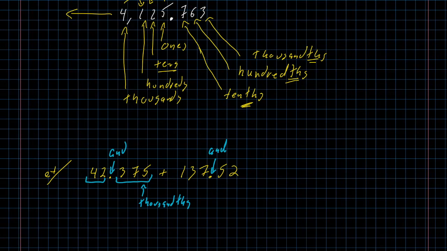Our first number here has 3 digits after the decimal point. The second one has 2 digits after the decimal point. But when we write these down in a column in order to add them together, the way to make sure that everything works fine is simply to make sure that you have a column for your decimal point.